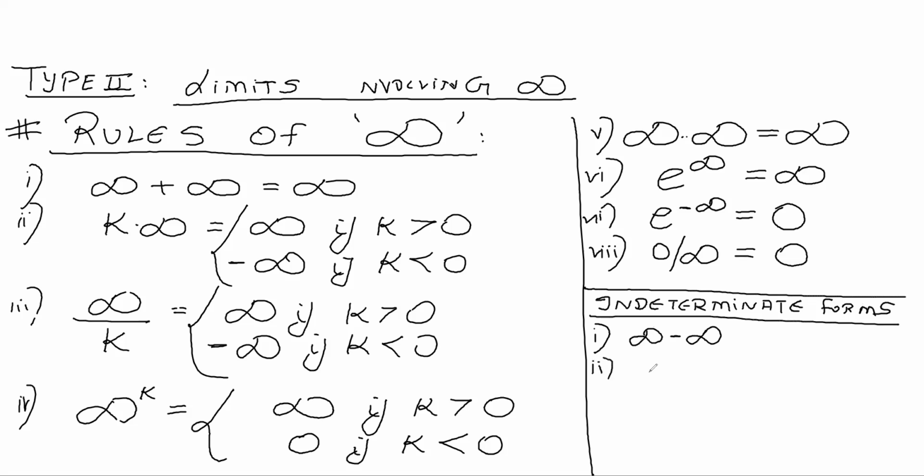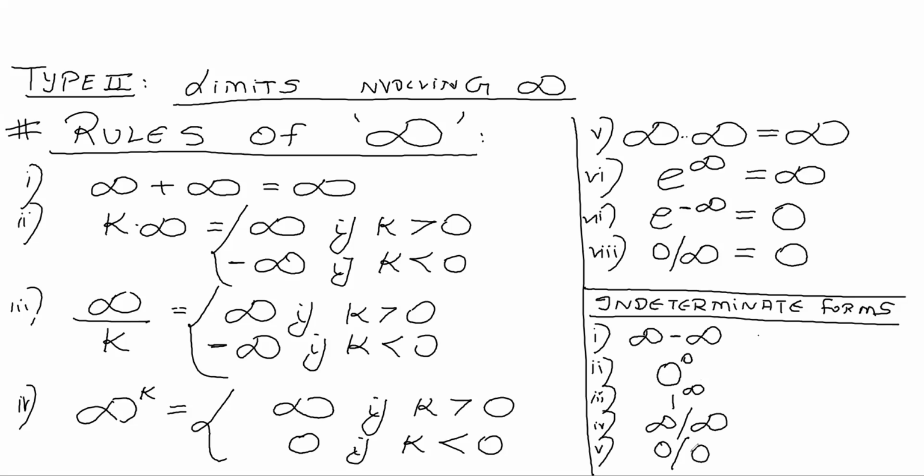We don't know the value of 0 to the power 0. We don't know the value of 1 to the power infinity. We don't know the value of infinity by infinity. We don't know the value of 0 by 0.